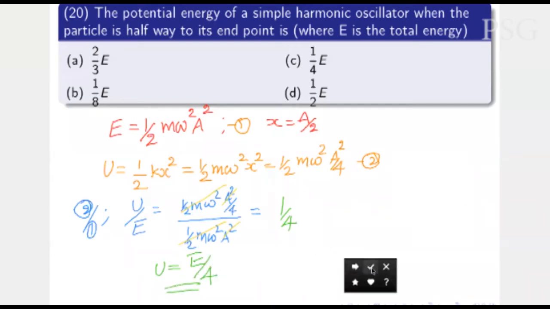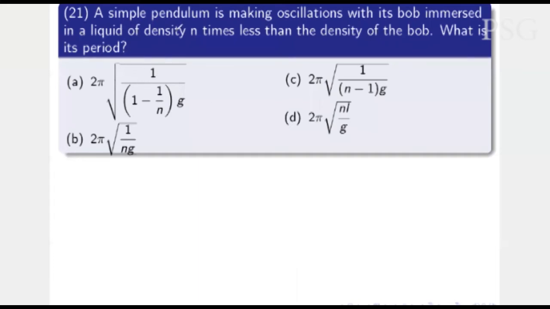Option again it is C. Next question, a simple pendulum is making oscillations with its bob immersed in a liquid of density n times less than density of the bob. That means density of the liquid is n times less than density of the bob. What is its period?